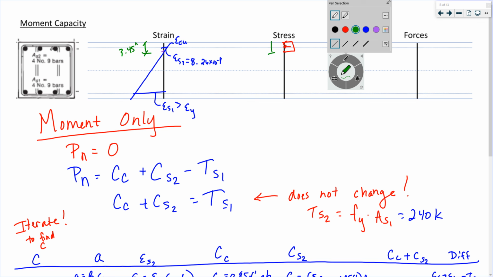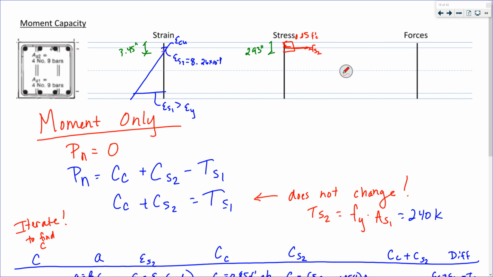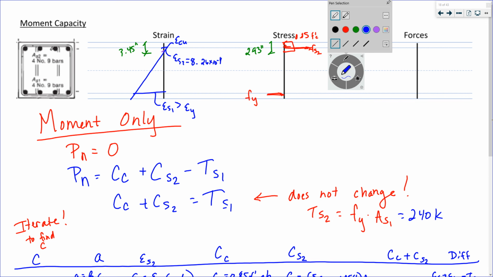My A is 2.93 inches. My stress magnitude is 0.85 f prime c. I didn't calculate it, but there's an FS2. Ignore that arrow. Right, Fy. I've got forces. My C sub C is way up here.